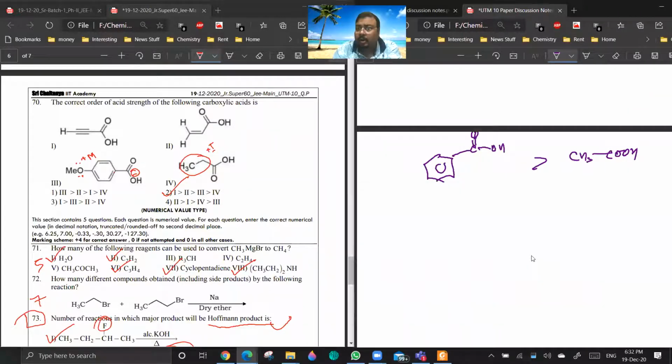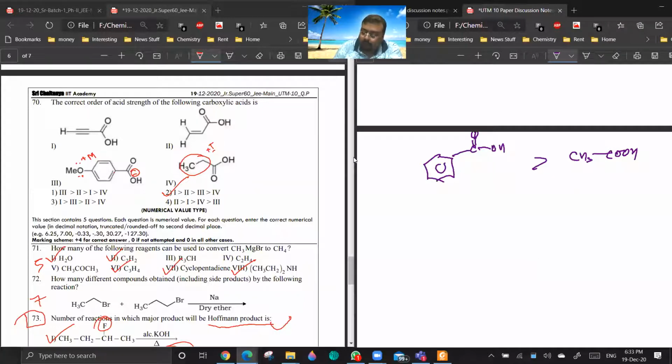Now this is something which you cannot explain through logic, because there are two competing effects here. One is the cross conjugation provided by the benzene ring, and second is the minus I effect provided by the benzene ring as well as the OMe group. Are you getting a point? But overall effect should be increasing the stability more for 3 than 4.